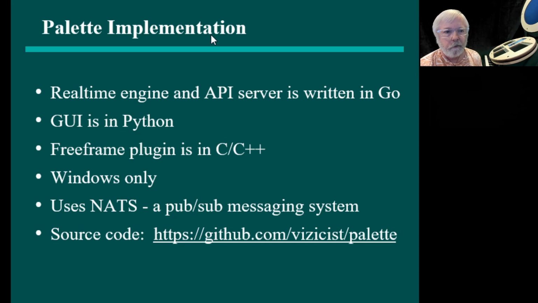So the pieces of the Space Palette implementation: the core of it is a real-time engine and API server written in Go. Go is a relatively new programming language that I'm in love with.